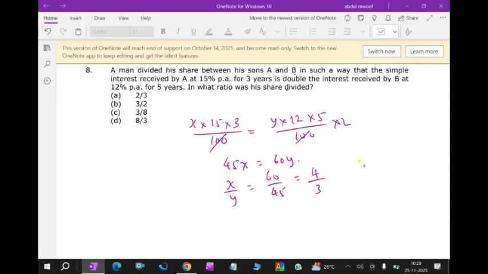So this is 120y. Because this is given as 2 times, x by y is 120 by 45.